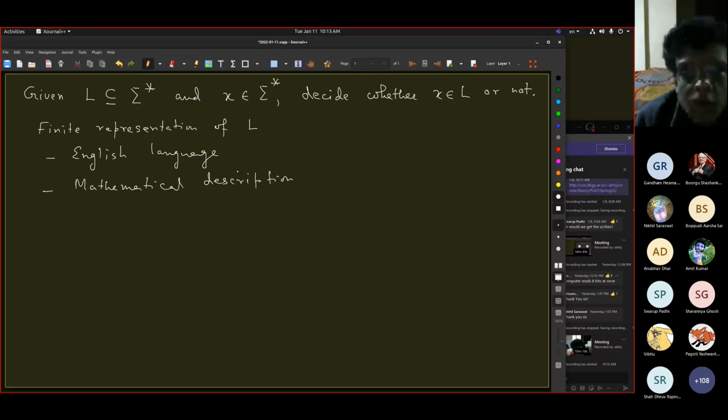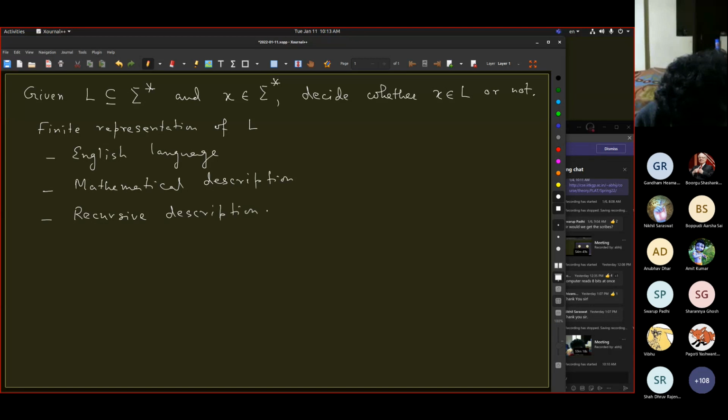As I have done for the set of primes, the set of primes is basically an English language description, whereas the mathematical description that I have told yesterday is composed of arithmetic and logical constructs. And then we can also have recursive description.